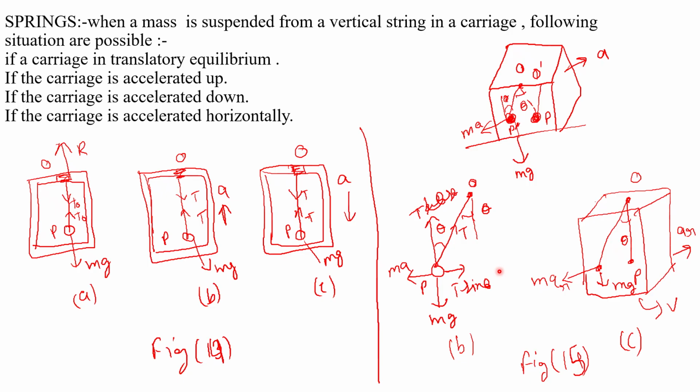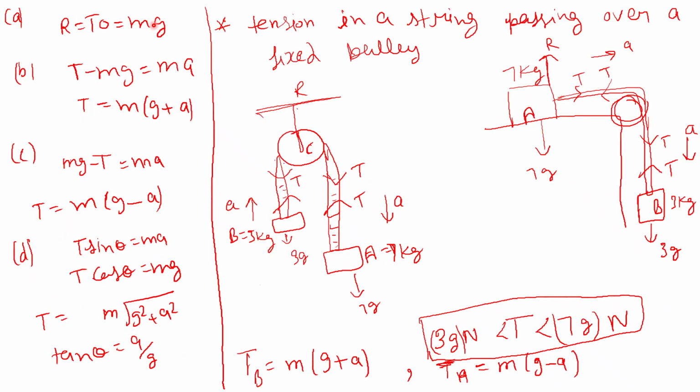Also, the string does not remain vertical but inclines to the vertical at an angle theta equal to tan inverse a by g, opposite to the acceleration. Now these are some formulas we discuss here.